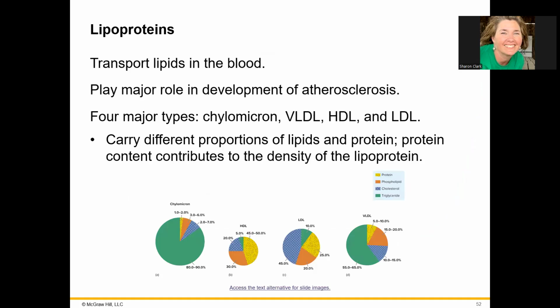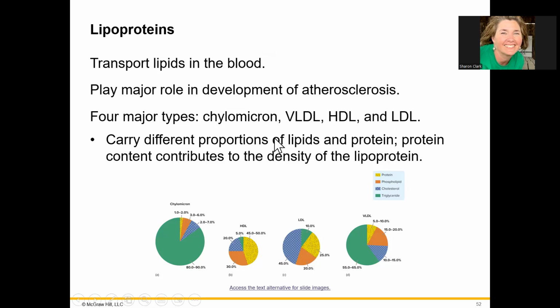You also have what we call lipoproteins that help transport those essential lipids in the blood that we talked about in part one: your triglycerides, your essential fatty acids, those kinds of things. There are four major types of these lipoproteins: your chylomicrons in the small intestine, your very low density lipoproteins, your high density lipoproteins, and your low density lipoproteins, as you see here.